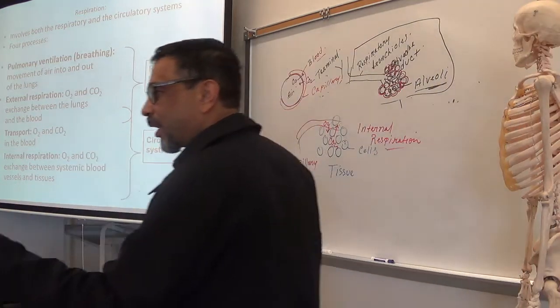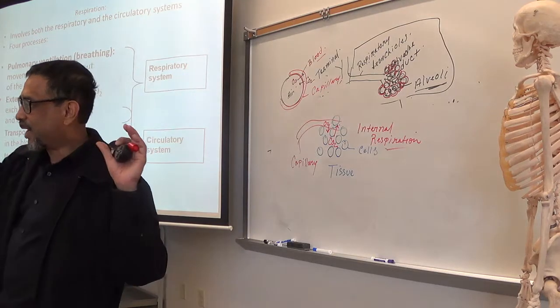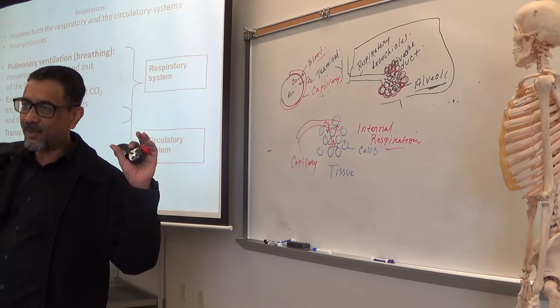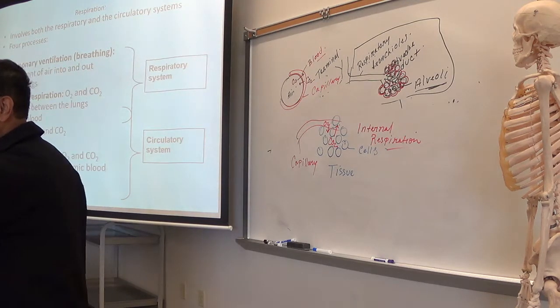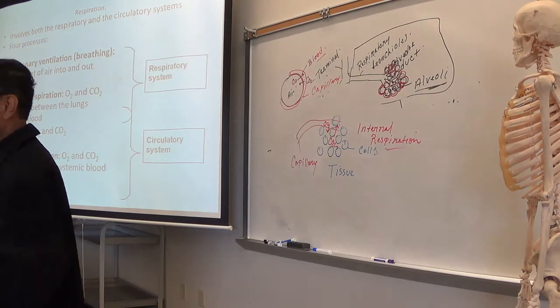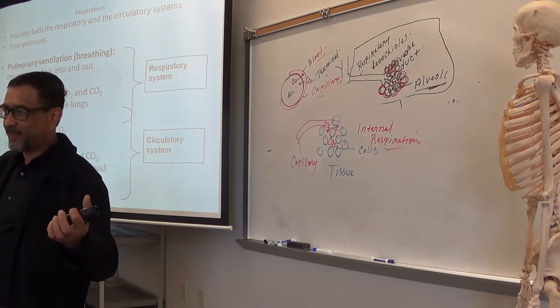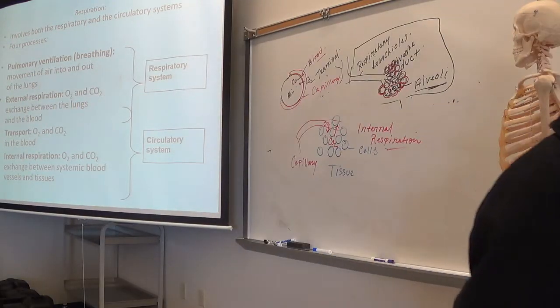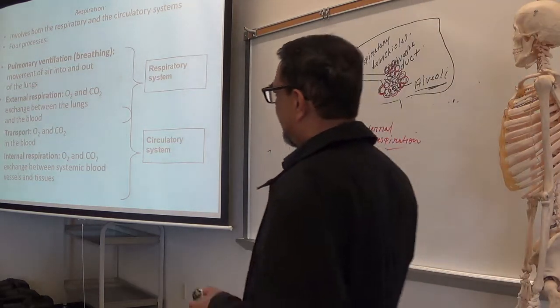Why does blood go to the lung, why does blood go to the tissue, right? Blood goes to the lung to get what? Oxygen, right? And blood goes to the tissue to get or give oxygen? Give oxygen. That's it. Very simple. And carbon dioxide always in the opposite direction. Okay? Good. So those are the 4 processes of respiration.